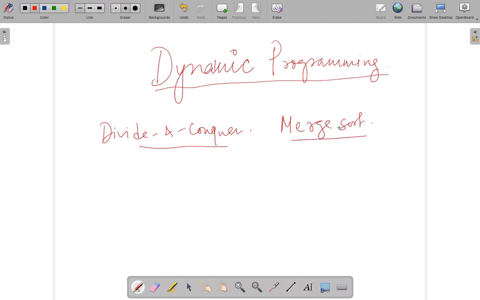Now examples could be, let us take say, merge sort. In this sort of problems like merge sort, what you do is you divide the problem and then you independently solve the subparts.